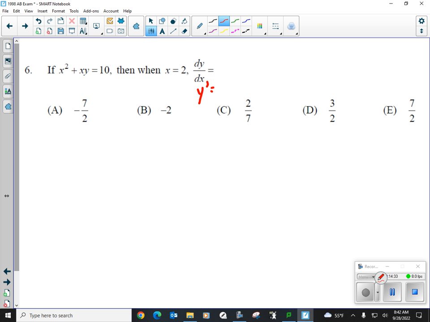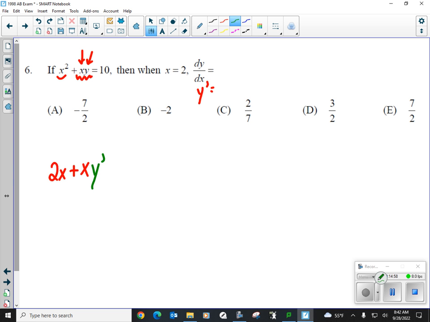So I have x squared. Derivative of x squared? Well, that's 2x. Plus, I need to use the product rule here. It is the first one times the derivative of the second. Okay? And we will do the y primes in purple. You know what? Let's go with the color that sticks out even more. Let's go green.